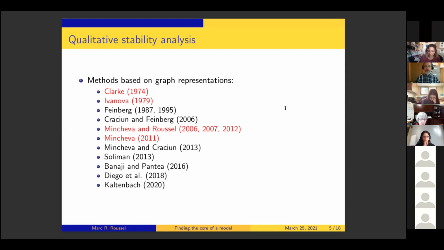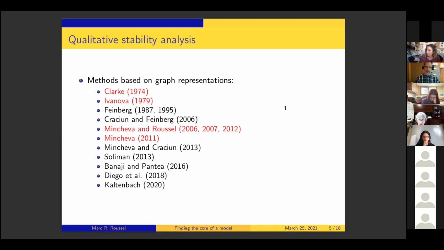Ivanova, who wrote these little papers in Russian that are really intriguing but devoid of any proofs, and not entirely satisfying, I guess, in some ways. And then we picked up this work.